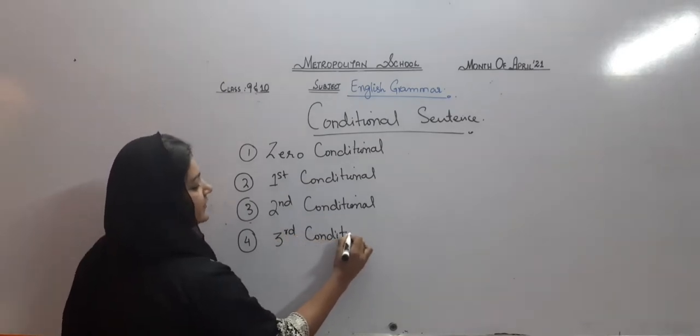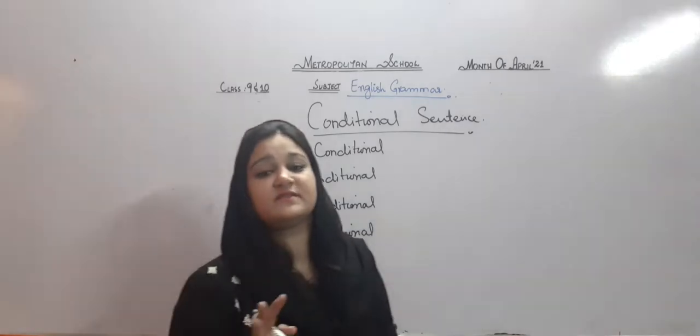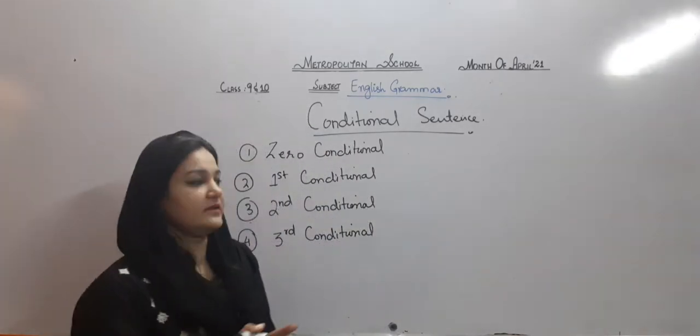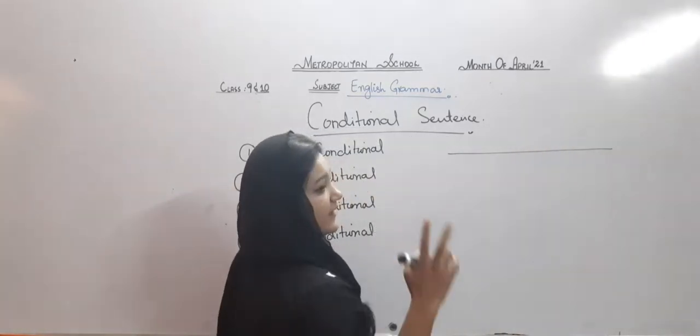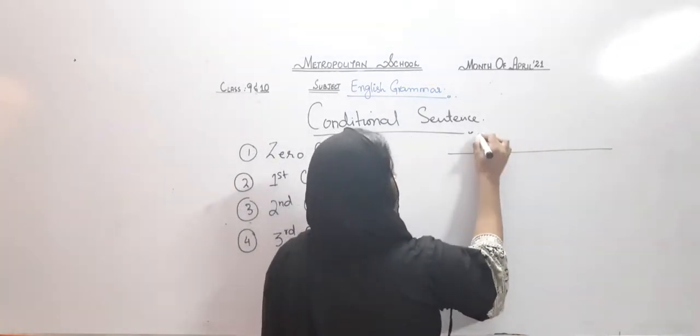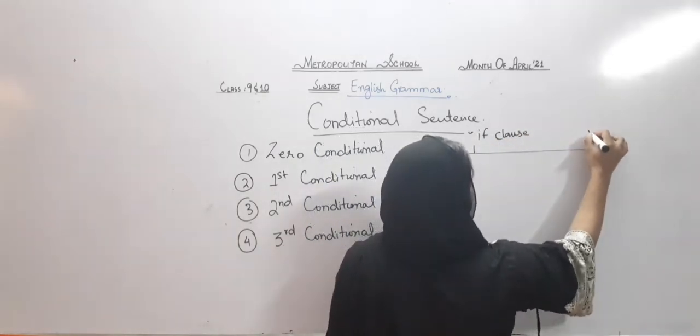If we talk about conditional sentences, there are 2 parts of a conditional sentence. The first part is called the if clause and the second part is called the main clause.